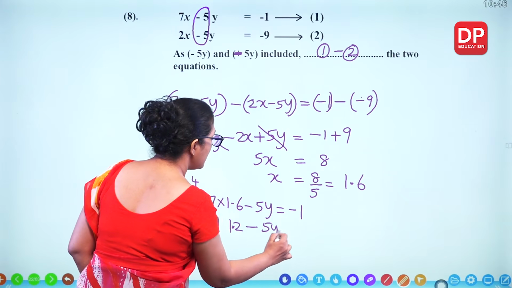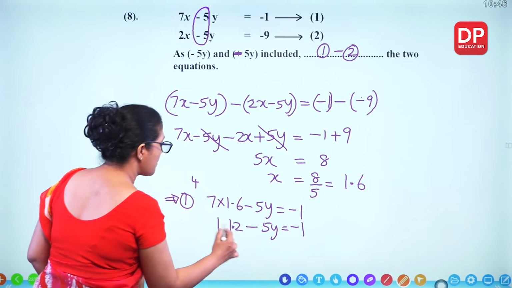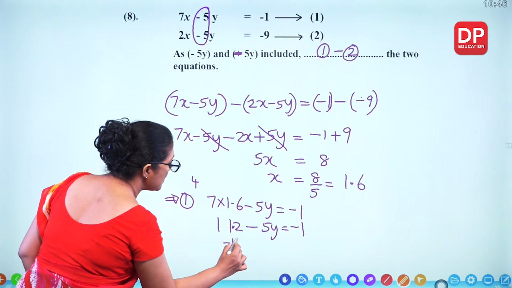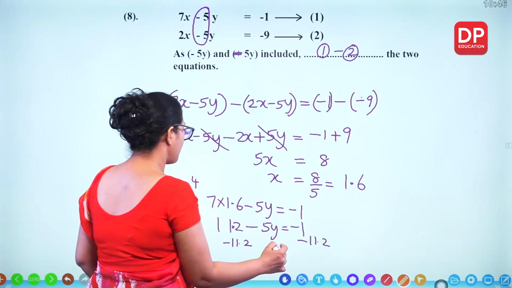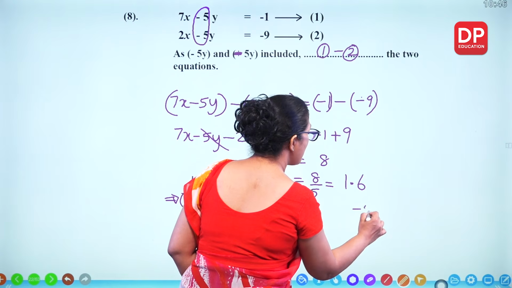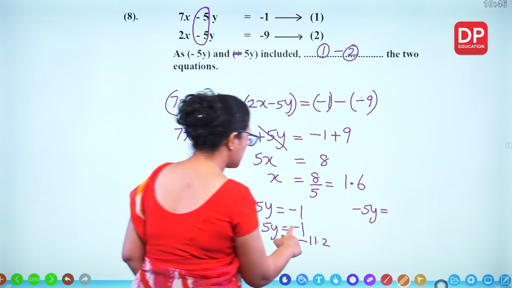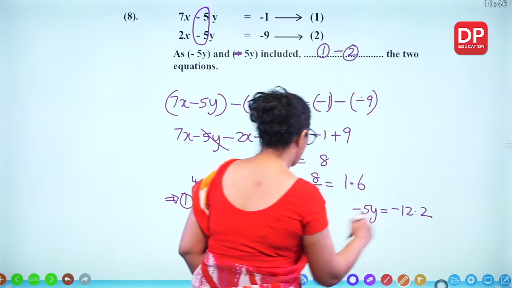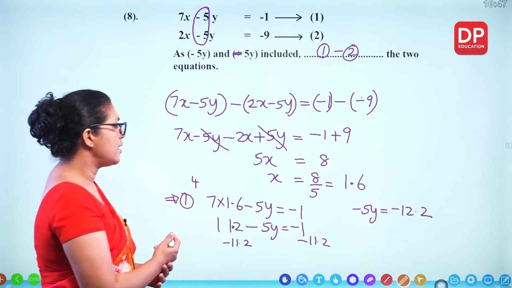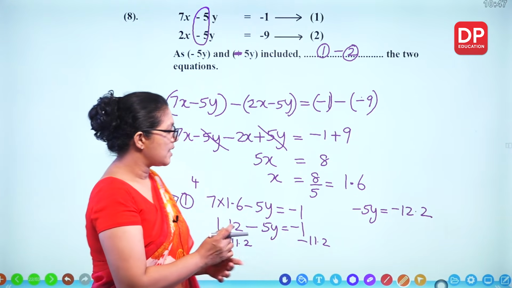Minus 5y equals minus 1. Subtract 11.2 from both sides. You get minus 5y equals minus 12.2. Minus 11 and minus 1, here 0.2 is there. So minus 12.2.